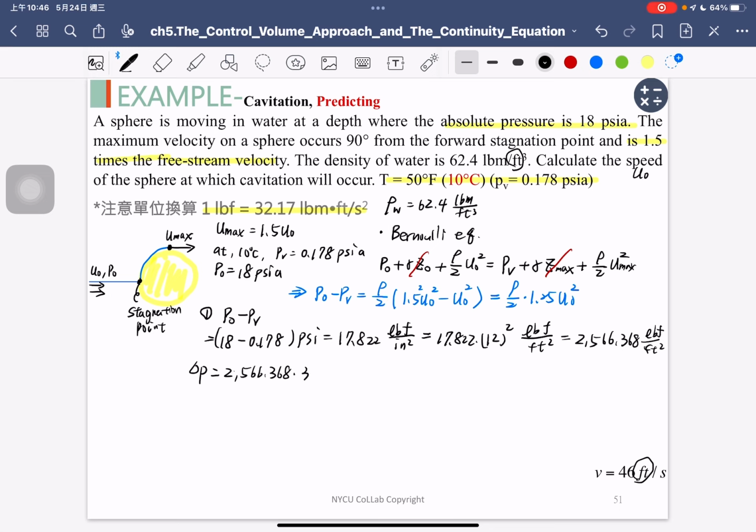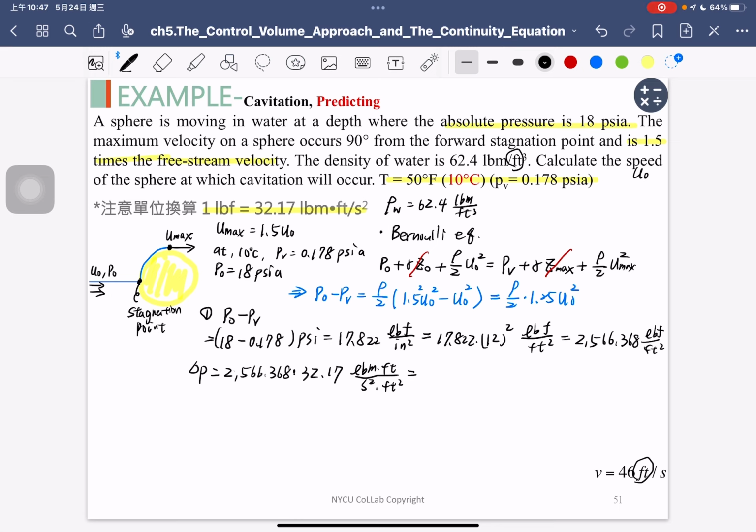The pound force changes into the pound mass unit. So I multiply by 32.17 to change the pound force into the pound mass, multiply FT divided by the second square and divided by the FT square. Okay, so this is how I change the unit from the pound force to the pound mass.